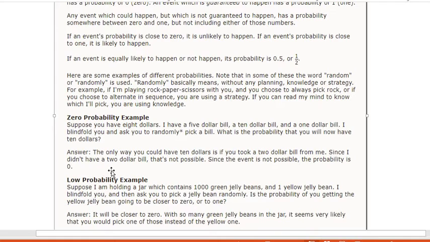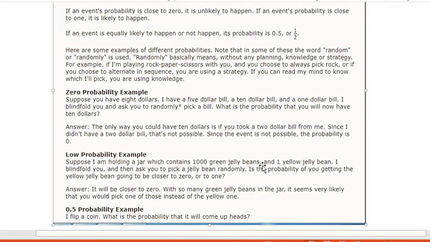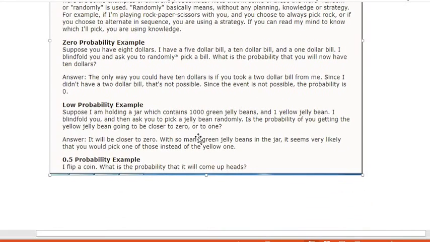The only way you could have $10 is if you took a $2 bill from me. Since I didn't have a $2 bill, that's not possible. Since the event is not possible, the probability is 0.